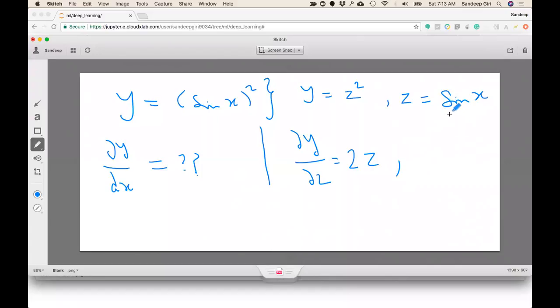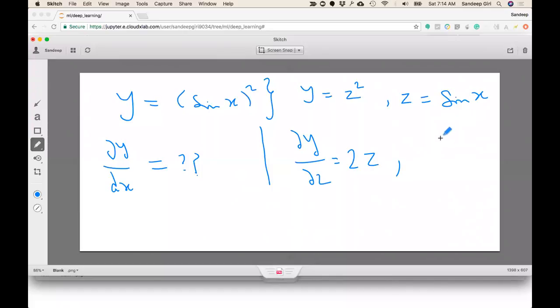And how did they do that? By using the same mechanism: sine of x plus delta x minus sine of x, divided by delta x tending to 0. They did the expansion of this and found that it's actually cos x.